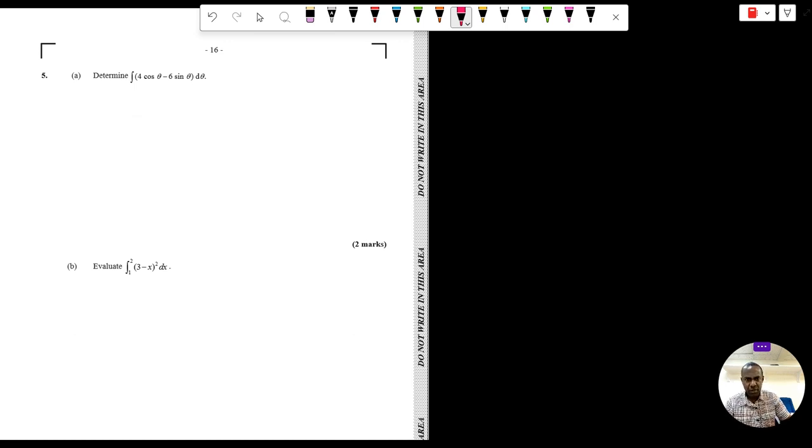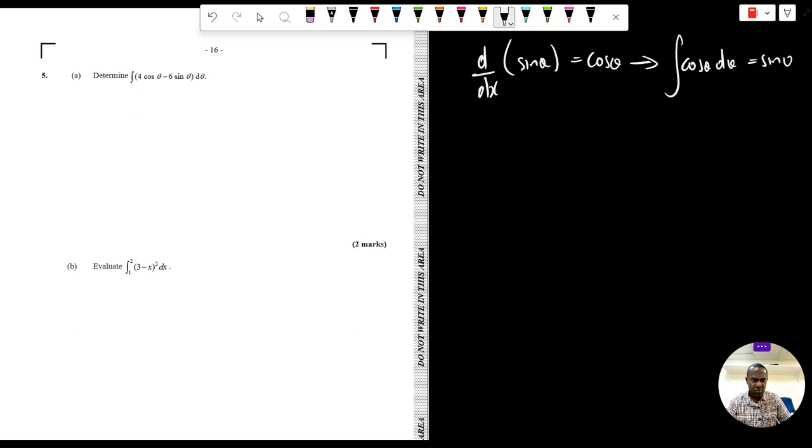So just to jog your memory in terms of our derivatives, remember that d by d theta of sine theta is equal to cos theta. And this therefore means that the integral of cos theta d theta is equal to sine theta, plus our integration constant c.